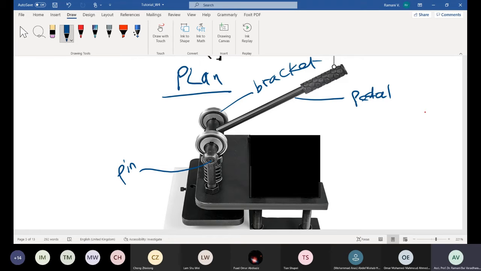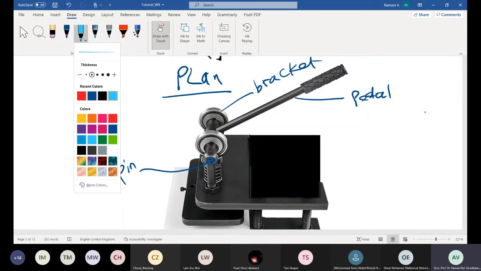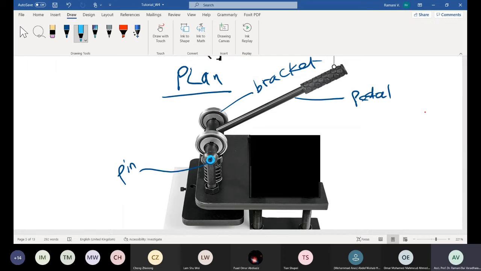Because of the pin arrangement, when you move this pedal, it can shear along this diameter. See here, I take the red color. Because it can shear along this diameter to the thickness of this pedal, the material is cut, right?